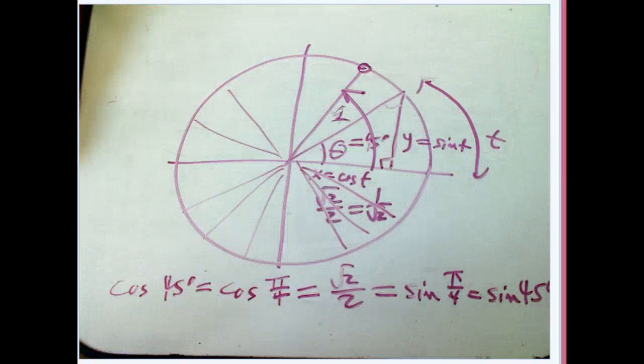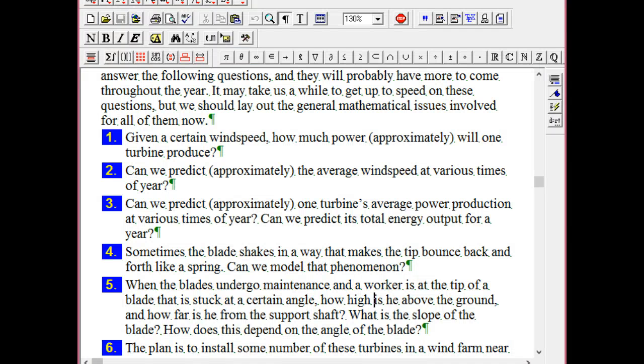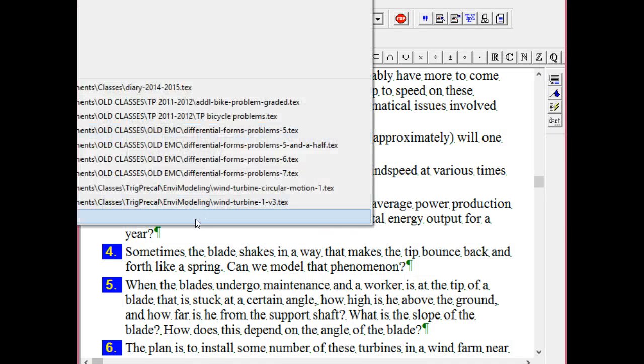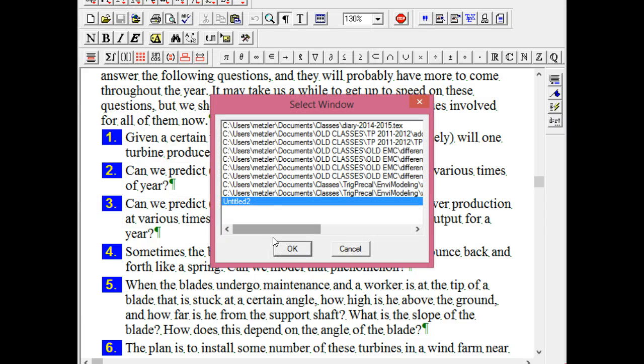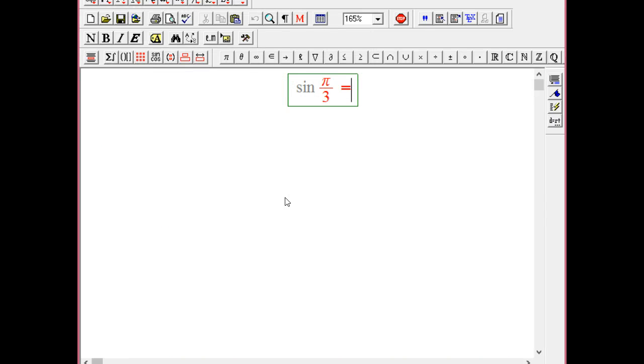We're not sure exactly how to do that for a complicated angle, but if you have a calculator, or I'm just going to use my computer algebra system here, like sine pi over 3, let's see if it does that. Yeah, root 3 over 2. So sine pi over 3, that's a 60-degree angle, is this number that we've seen as a cosine before.